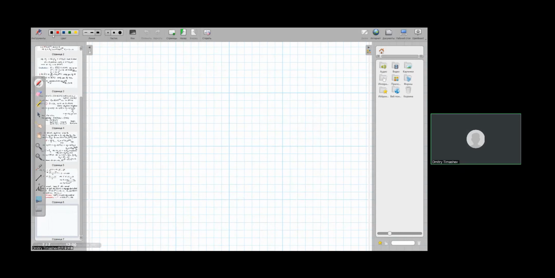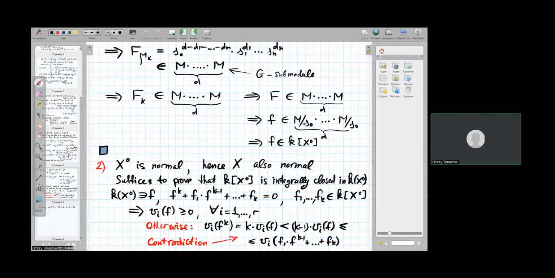And absolutely similarly, we have that the value of the valuation VD at f is non-negative for any G-stable prime divisor in my spherical homogeneous space except for D1, ..., Dt, because again, the same argument.